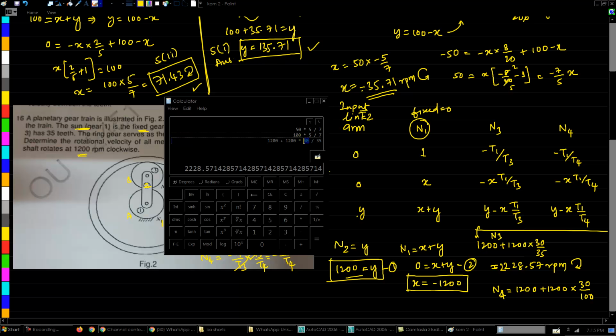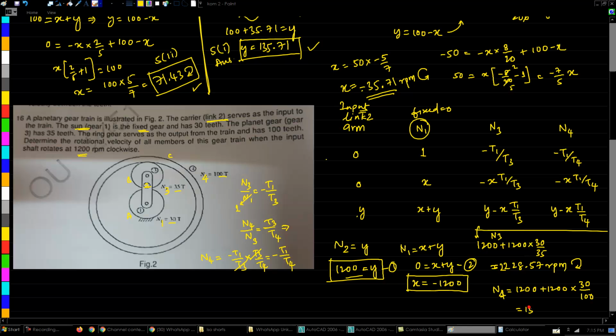Instead of 35, we just have to put 100, and this is the value we are getting, 1560. Once again, because it is positive, we can assume that it is rotating in clockwise direction. So you can see we found all the speeds using whatever data is given. So that's it for this particular question.